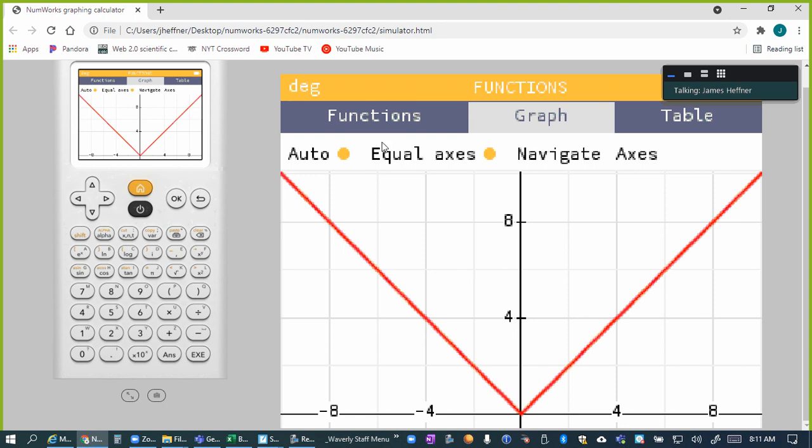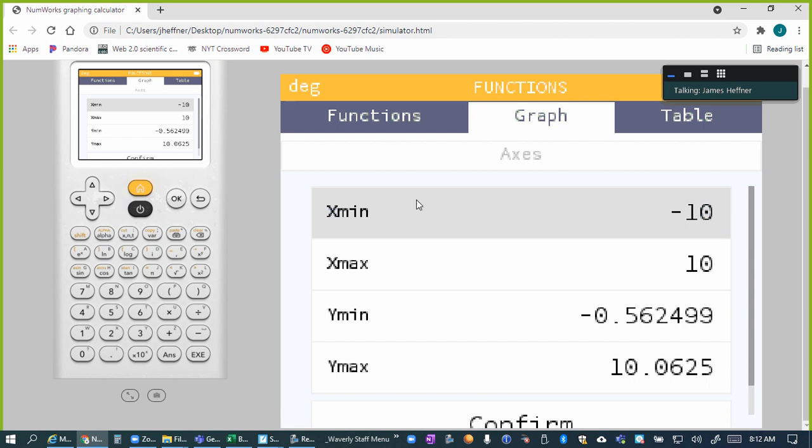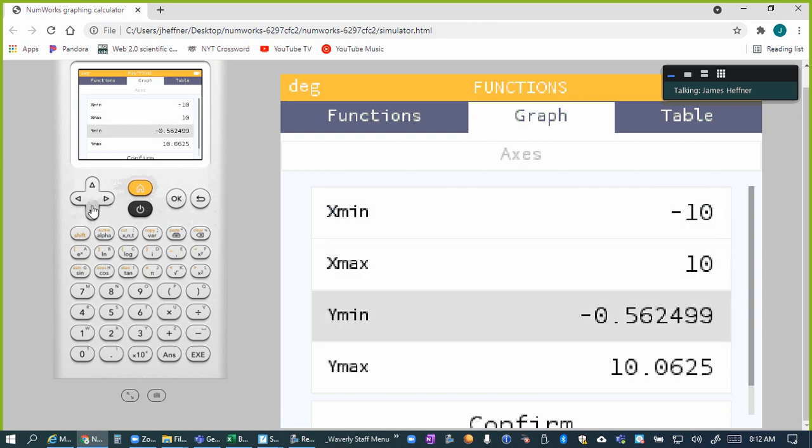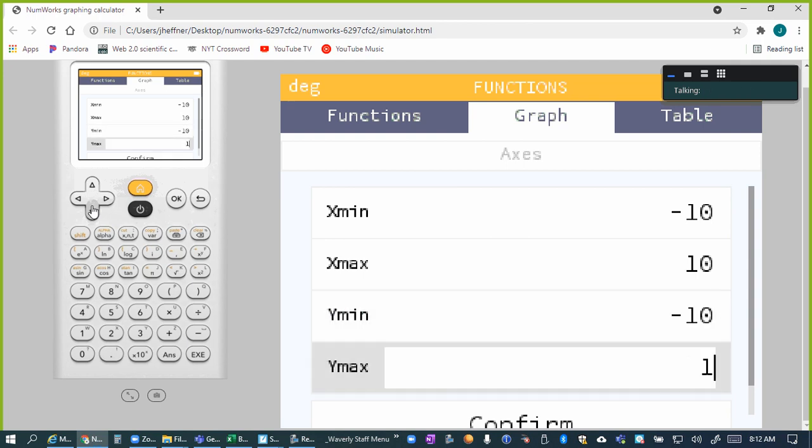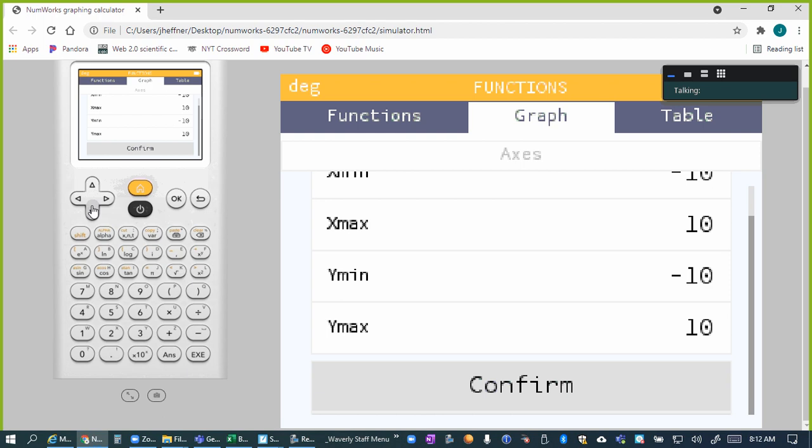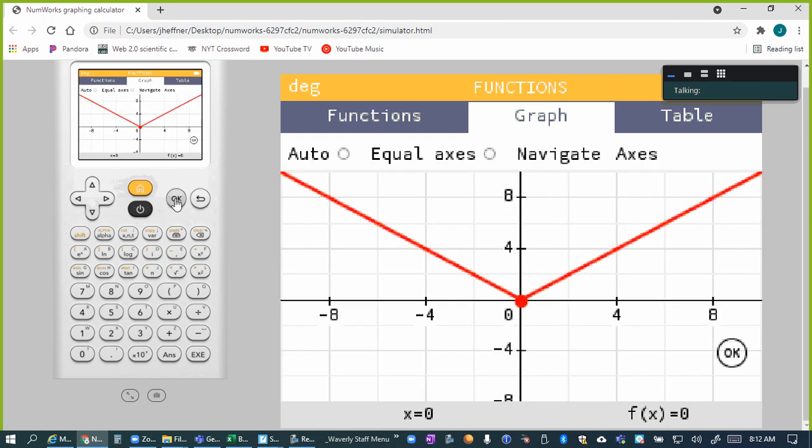So I'm going to change the axes right there. Okay, so negative 10 to 10, and let's make a y min of negative 10 and go up to 10. Okay. That's about what our graph looks like, right?